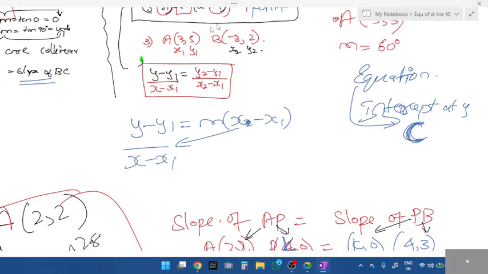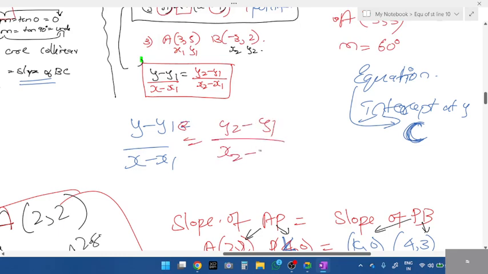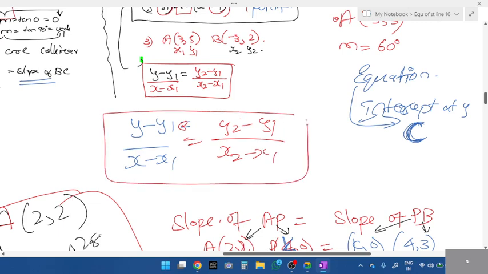Then, in place of m, substitute the slope formula. What is the slope formula? Y2 minus y1 divided by x2 minus x1. This is the formula to find the equation of a line when 2 points are given.